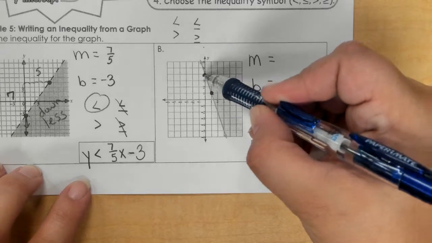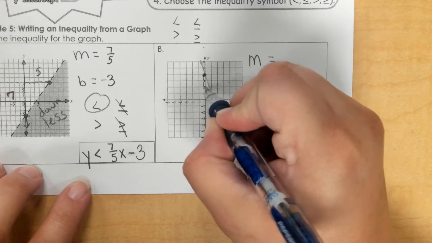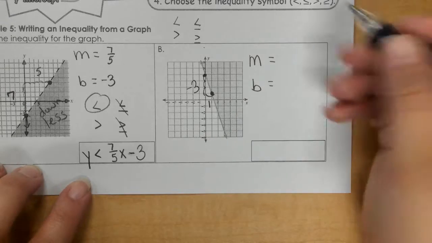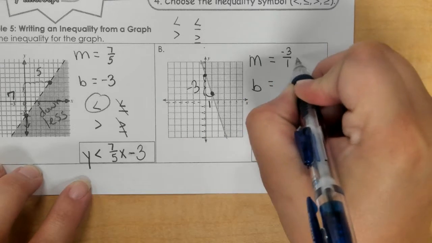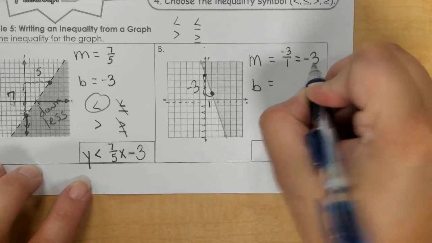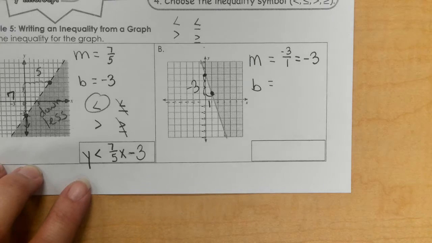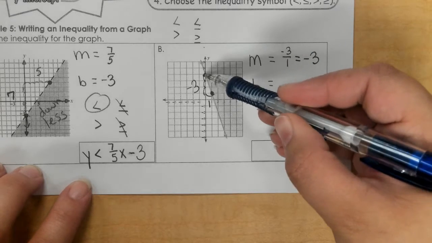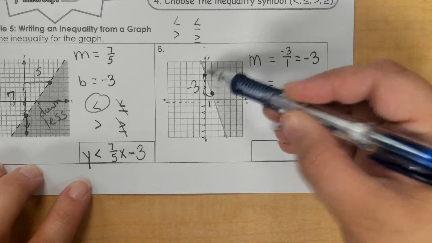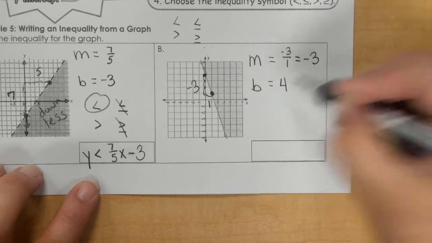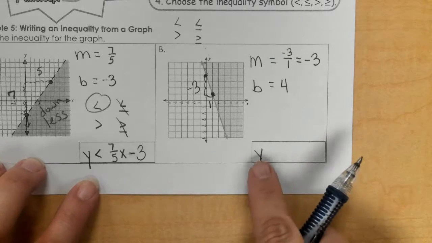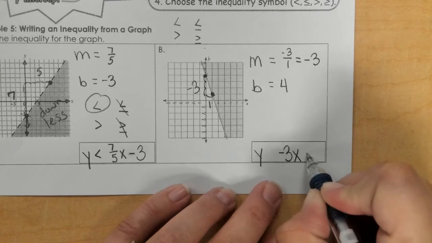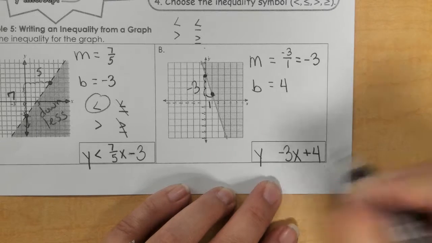Fall. So I go down 1, 2, 3. And I go to the right 1. So that's a -3 over 1. And that reduces to -3. Now this line crosses at 2, 3, 4, at +4 on the y-axis. So I could say y something, m is -3x plus b, so +4.